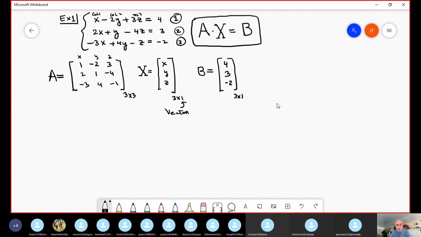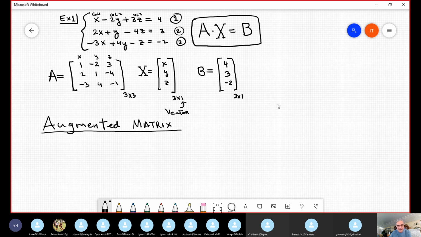Another way we study today is the augmented matrix. In this example, we have A, B, and X, like that. But in the augmented matrix, it is different.